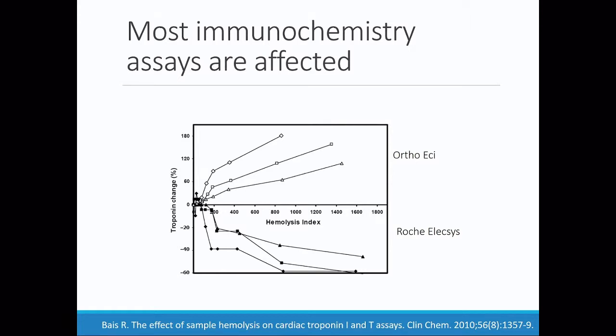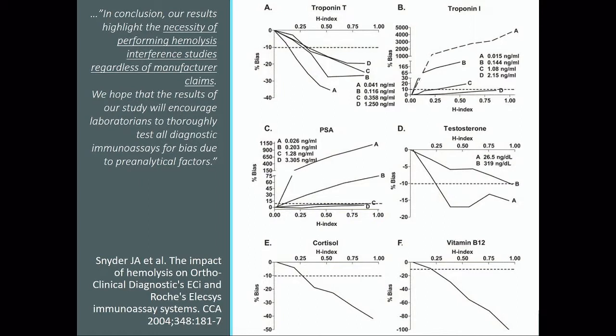Most immunochemistries are also affected, and this is just one example for troponin. Troponin on Ortho can be affected in a positive direction, and for Roche there is a negative interference for troponin. It has been demonstrated for a number of analytes.